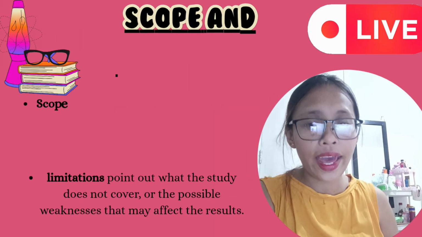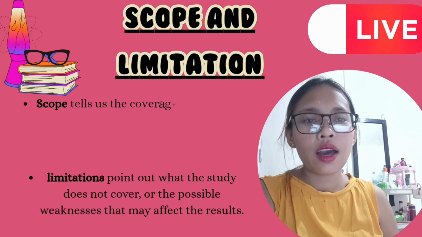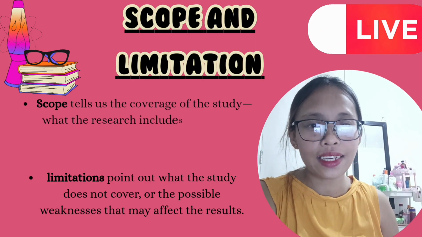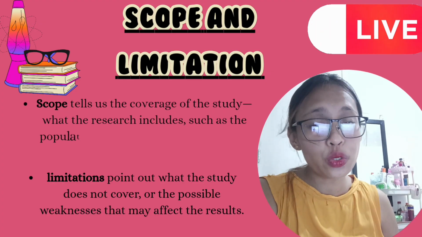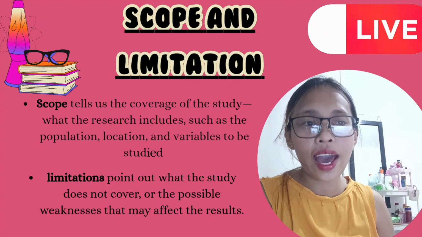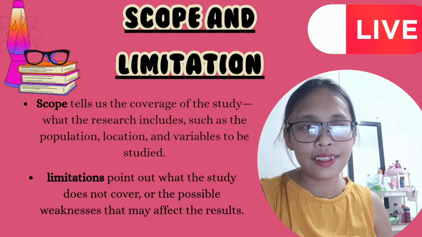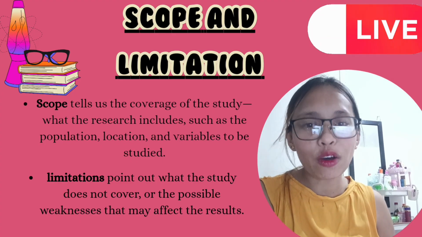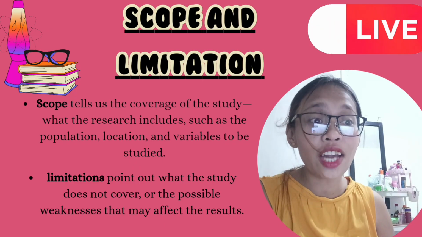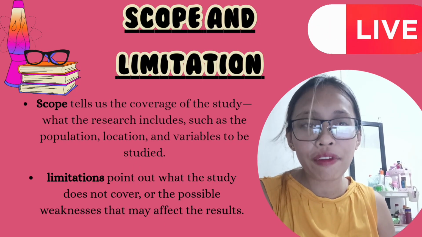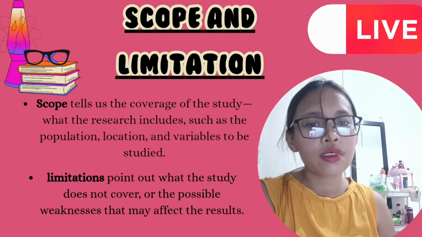The scope and limitation. The scope tells us the coverage of the study, what the research includes, such as the population, location, and variables to be studied. On the other hand, the limitations point out what the study does not cover or the possible weaknesses that may affect the results.